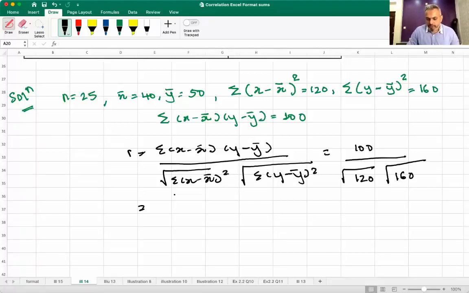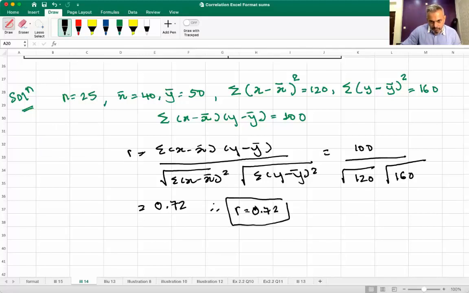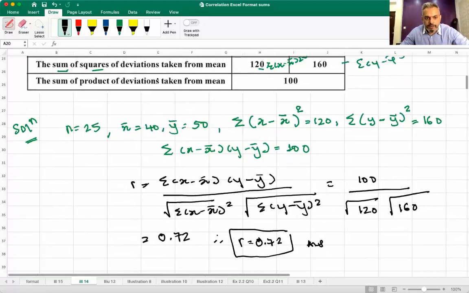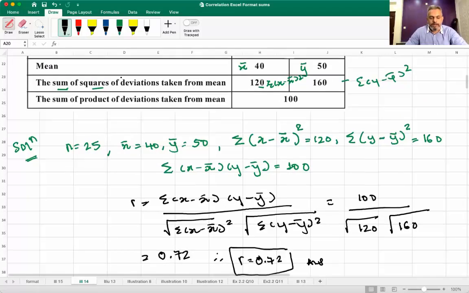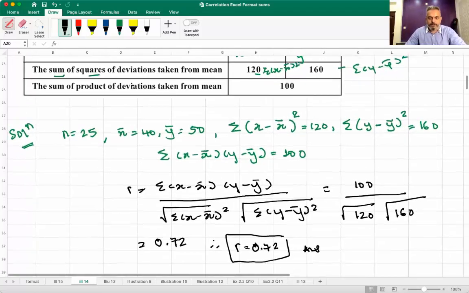Press under root, press divide, press equal to, press into 100, which is equal to 0.72. Therefore, R is equal to 0.72. Answer. Now in this sum, important is how you read this statement, okay? So that is the important part in this question.